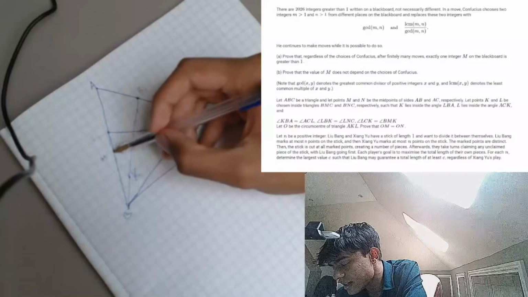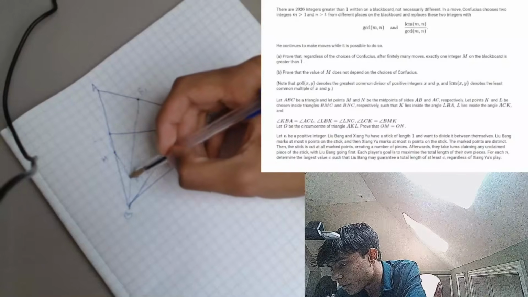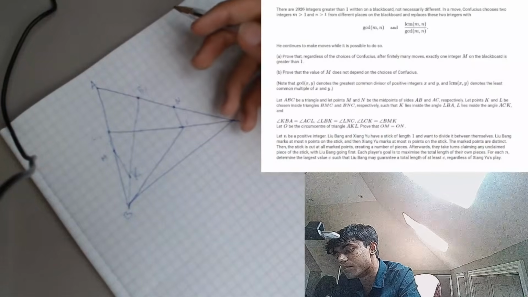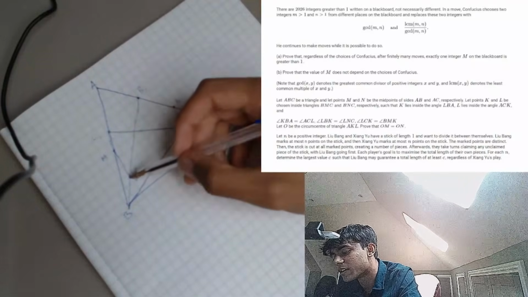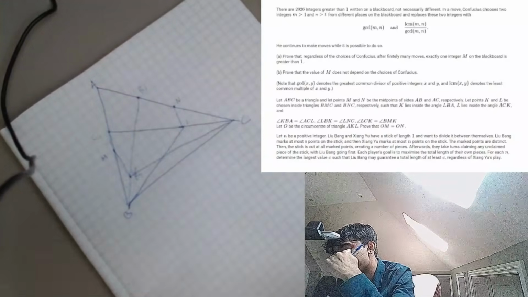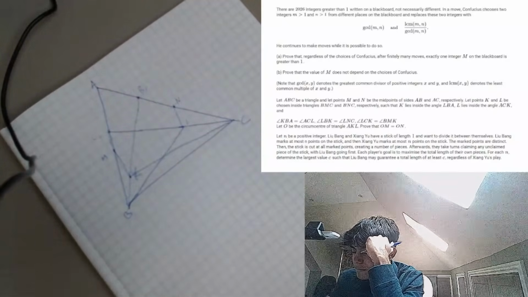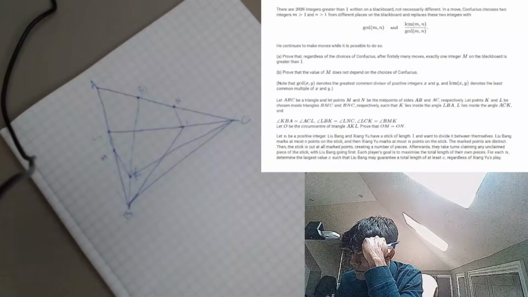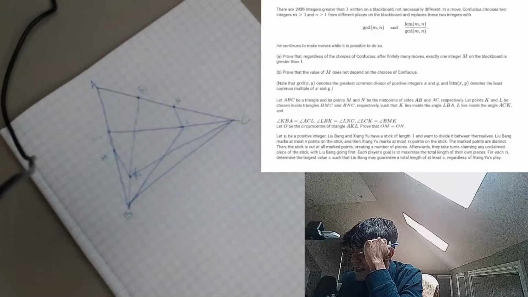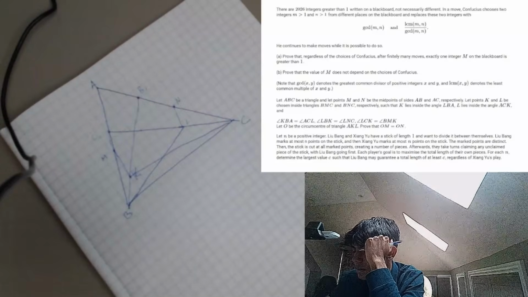So the main thing really is what are these circles CC1N and BB1N? What do they actually mean? BN and CM meet at the centroid.